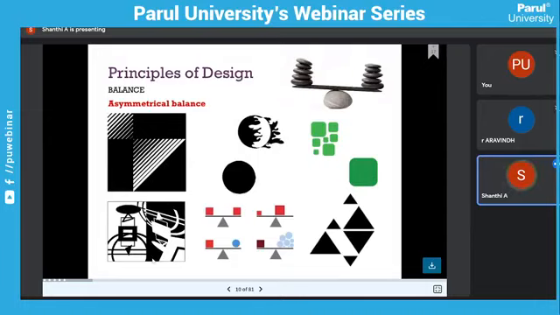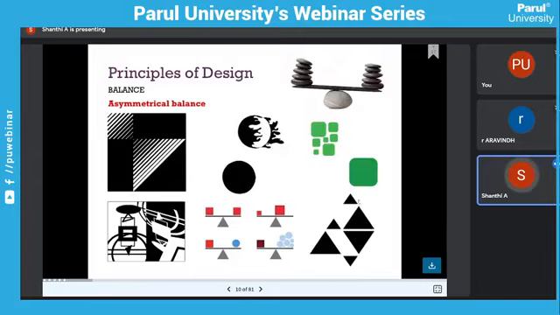When we divide this, we can have a proper balance on both the sides. We can even see this image as a balanced image. We can divide this, but still the arrangement of elements varies with this design, which gives us a feel that it is an asymmetrical balance, which is balanced in the right way.